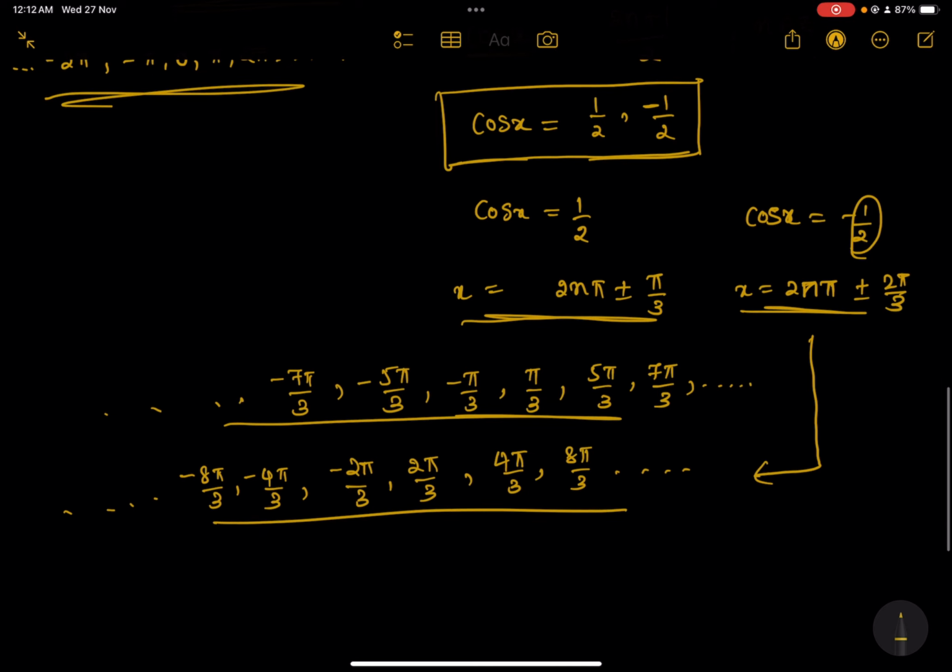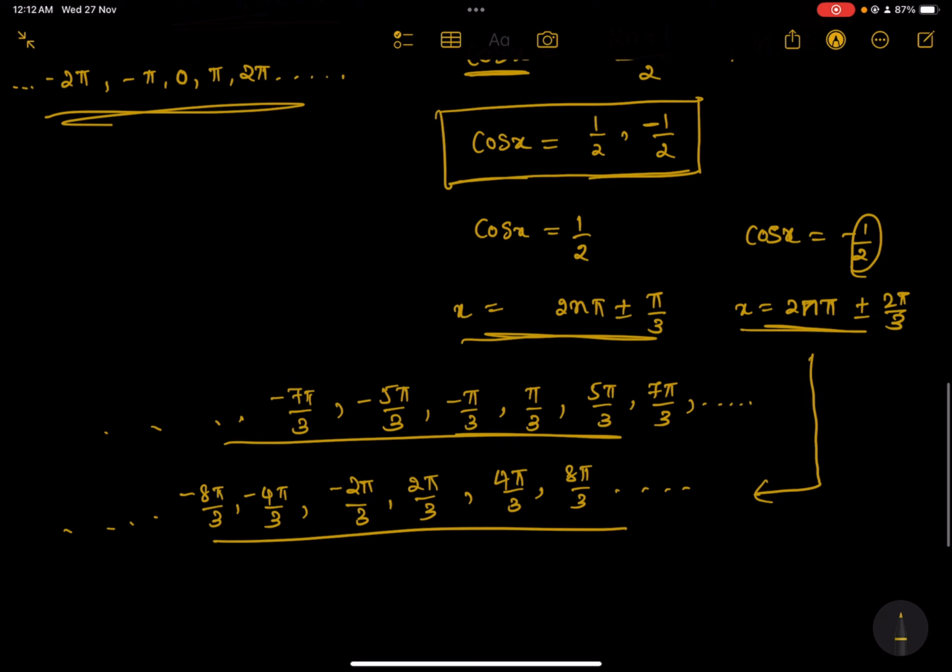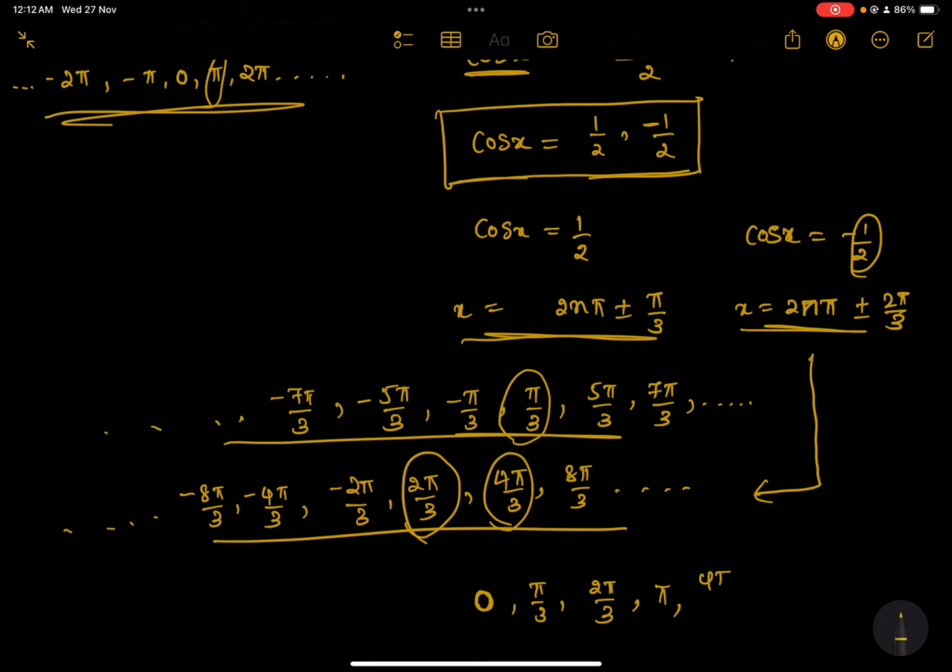So now let us arrange all of them in ascending order. The middle value will be 0, and the next possible value is π/3. The next possible value is 2π/3, next comes π, next comes 4π/3, next comes 5π/3, and next comes 2π.